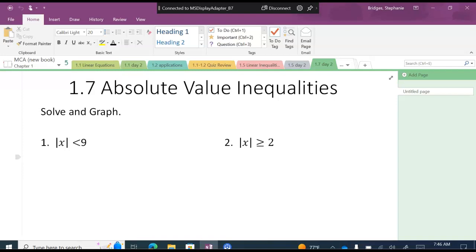Okay, I isolate that absolute value on the left of the inequality. So if I take a look at the first one, now we already did the work for it just to show you how it works, but we'll talk about how you do it without having to do that every time. So is my absolute value all by itself? It is, okay. Then the second step is we're going to have to set up 2 inequalities.